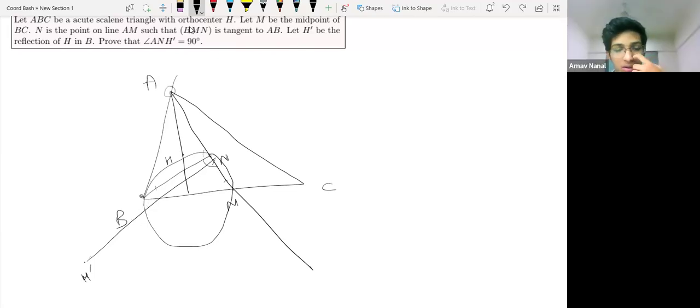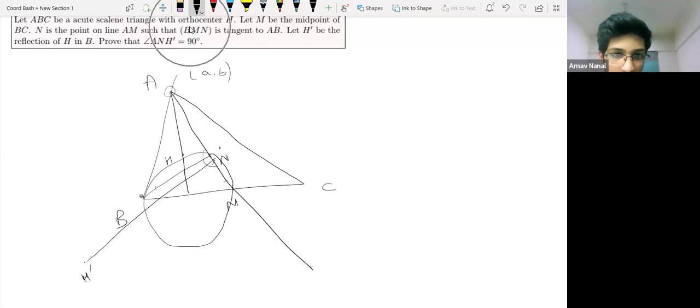Okay, so I'll give a sketch now, then we'll do that. An obvious setup: you choose the circumcenter as the origin and take BC parallel to the x-axis. Why is that an obvious setup? You can take this as A comma B or something.